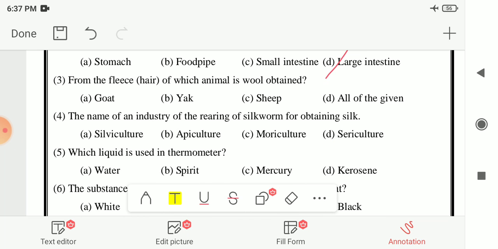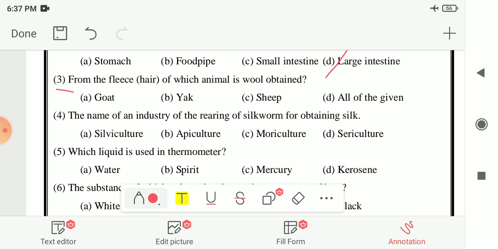The third number was from the fleece or you can say hair of which animal is wool obtained. The options are goat, yak, sheep or all of the given. So here your answer is option D, that is all of the given. From all these animals, fleece or hair, we are getting wool, that is goat, yak, sheep.